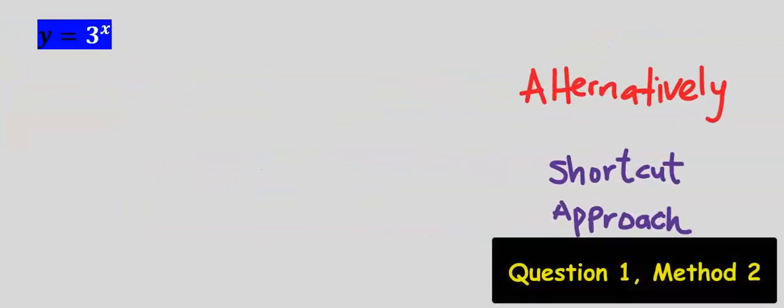Alternatively, we can apply a shortcut approach. From the basic derivative table, when we differentiate an integer to the power of x, it's going to give you that integer to the power of x multiplied by the natural log of that integer.